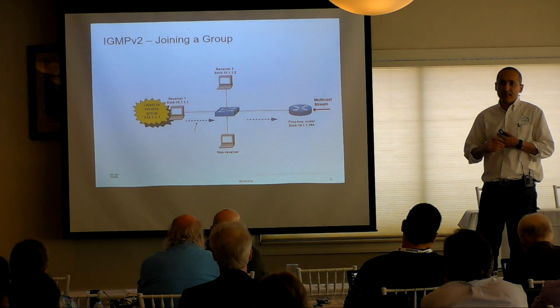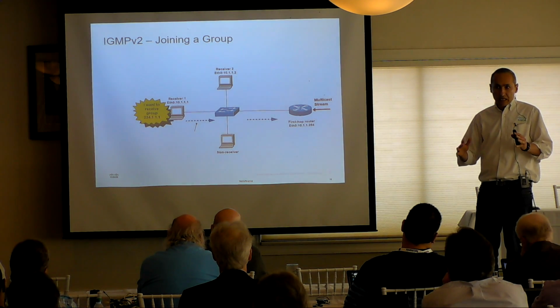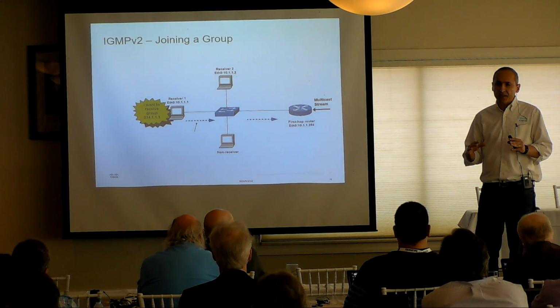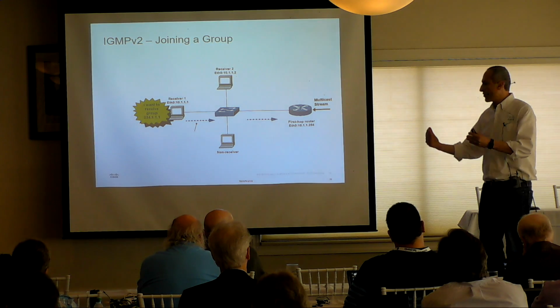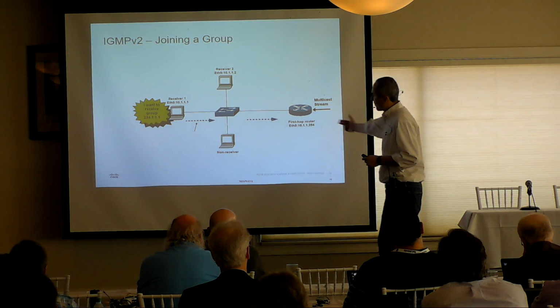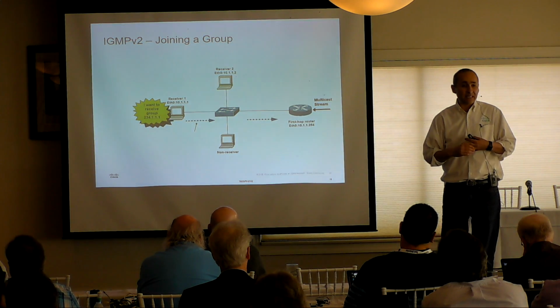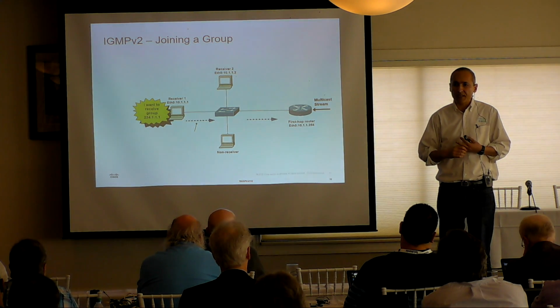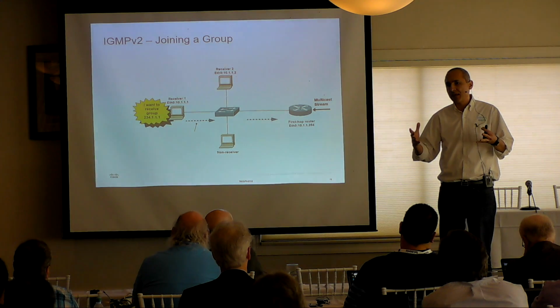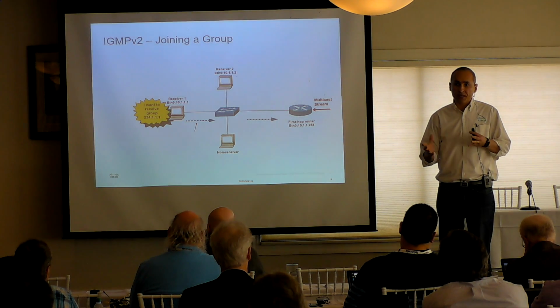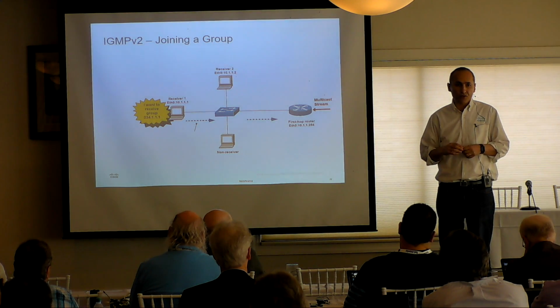Break before make is basically, no, I need to make sure that I leave no space in the link. So you have to leave the stream and then join the new stream. That's break before make. In that case, of course, you will have an interruption in the picture for about 200 or 300 milliseconds, depending on how fast your join and leave are.